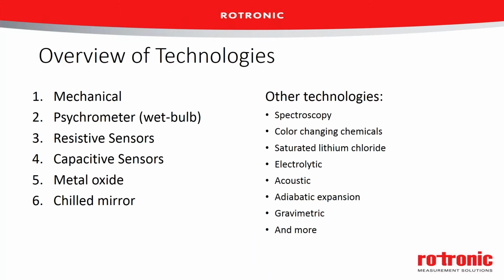And actually the NPL lab, it's the NIST equivalent over in the UK, they've got a system set up for doing that, and that's one of the lowest uncertainty relative humidity measurements available worldwide. But the 6 that we mentioned, those are probably the most common ones that you're going to come across in your typical applications. And with that, I believe we move into a question period.